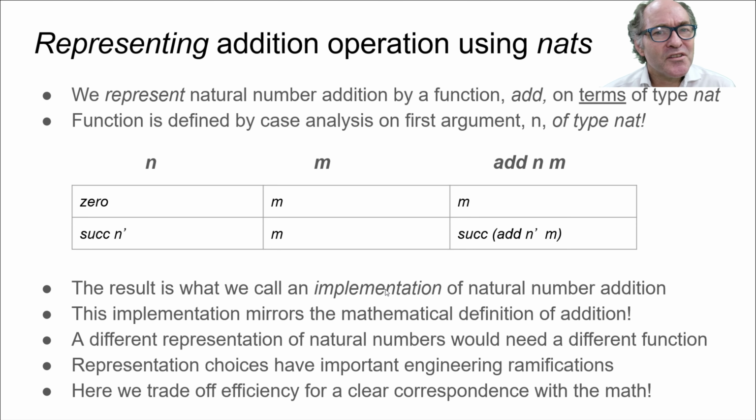Okay, and that is the sense in which we've now got ourselves an implementation or an algorithm, which you could apply on paper or pencil or in a computer for computing the sum of two natural numbers, represented by these symbolic strings of type nat.